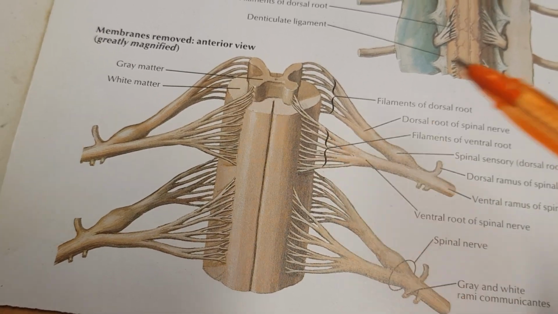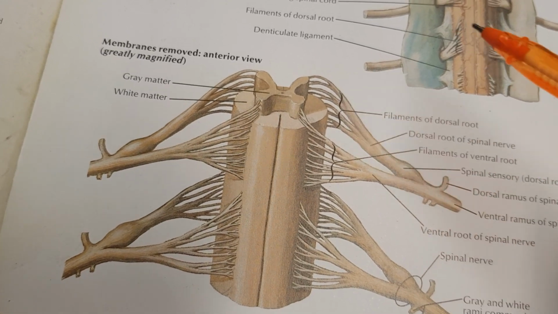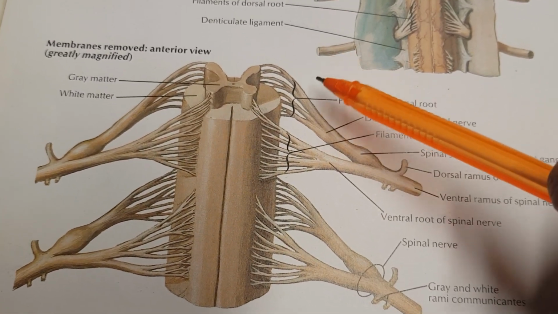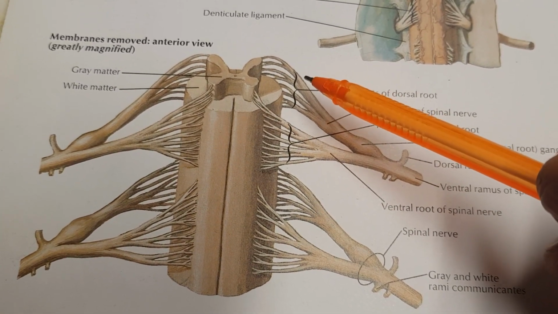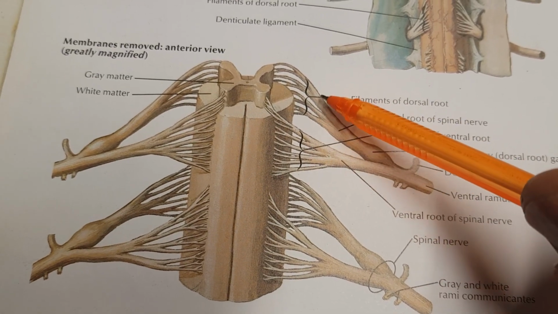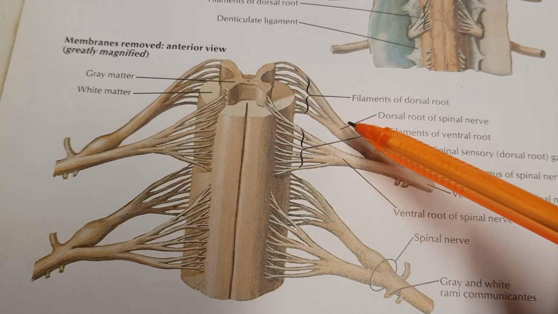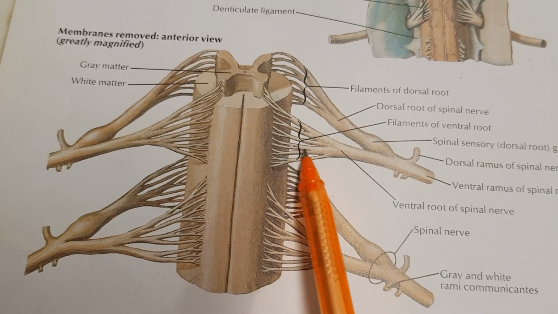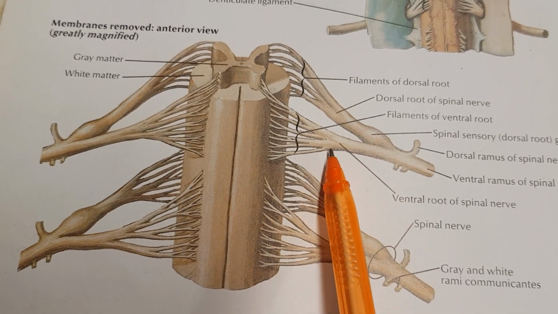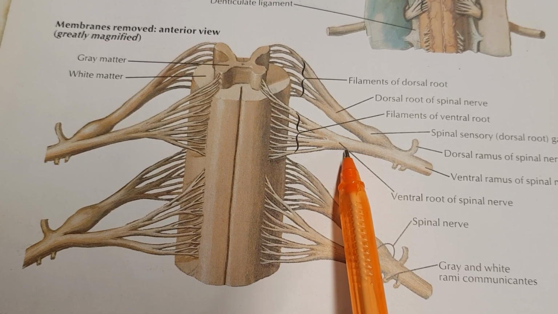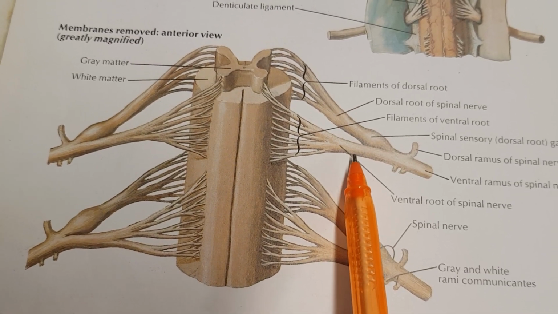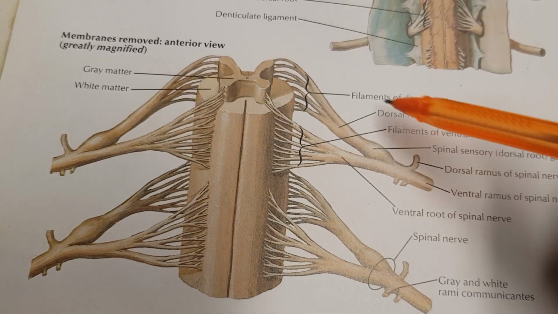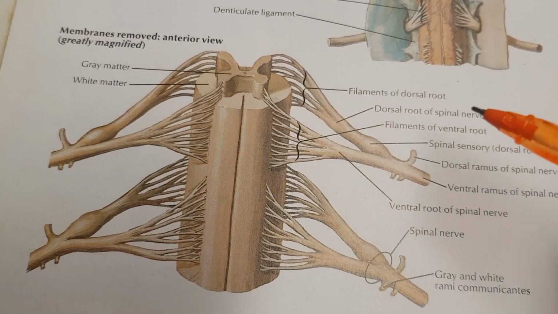The ones at the back are called filaments of the dorsal root, or dorsal root filaments, and they come together and make one root, which is called the dorsal root of the spinal nerve, and the ones in front come together and make one ventral root of the spinal nerve. The dorsal one is the one that brings information to the spinal cord and up to the brain for interpretation.